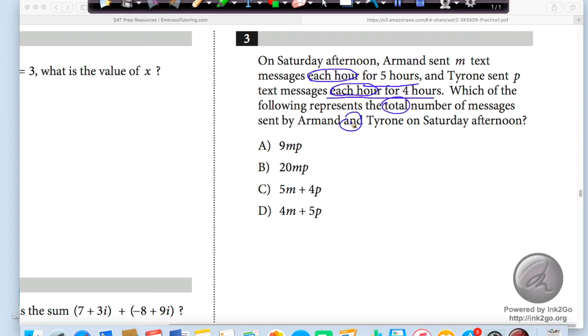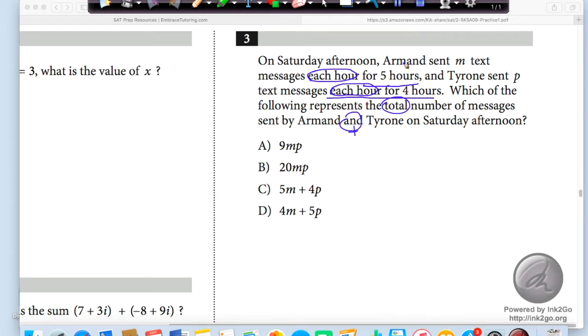Usually when you see the word and, it's going to denote an addition sign, and it's also saying total number of messages sent. Both are in the same unit in terms of each hour, so text messages per hour over a certain amount of hours.